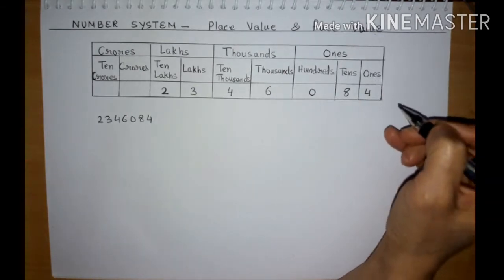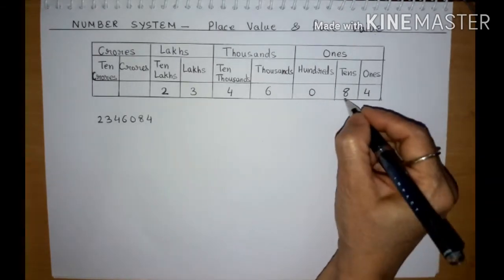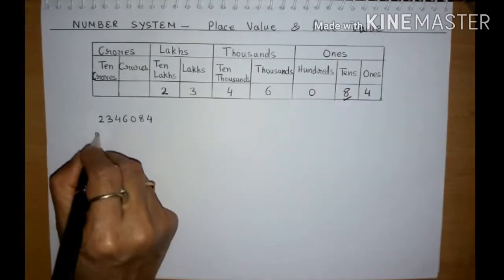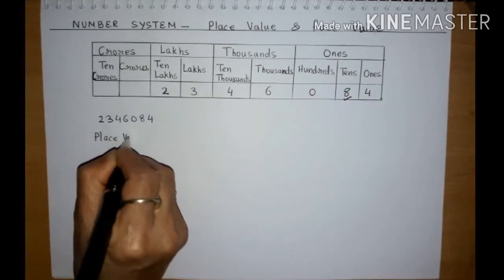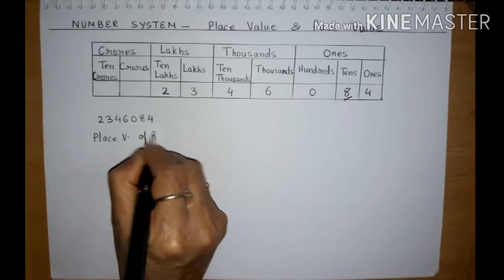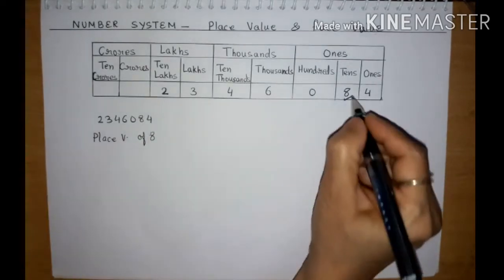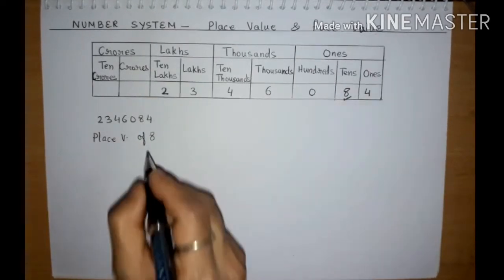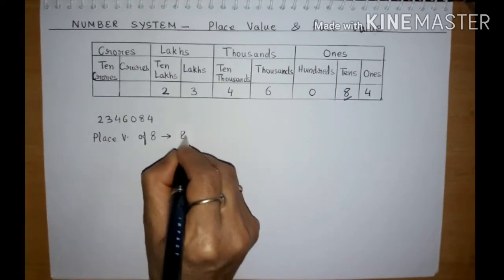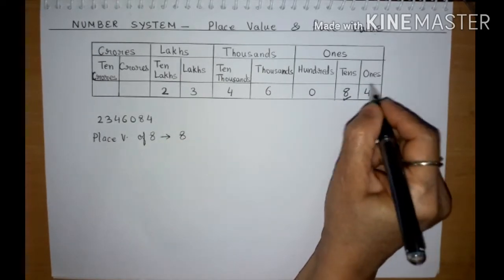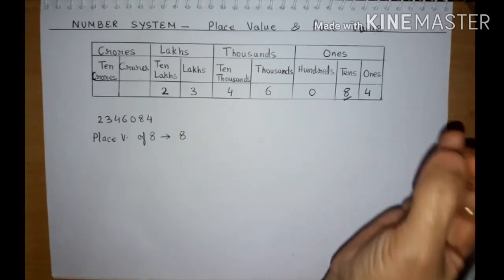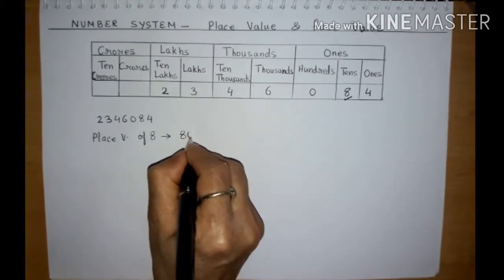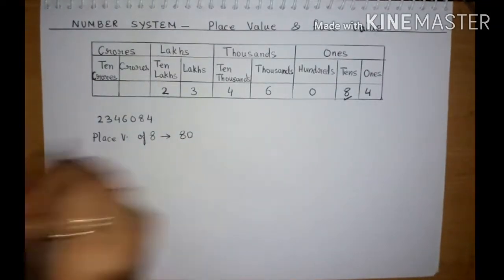So how do we decide this? Let us see, for example, the place value of 8. This is lying here under tens. It means it will be 8, and for whatever number of digits are on the right, we simply write 0. So it becomes 80.